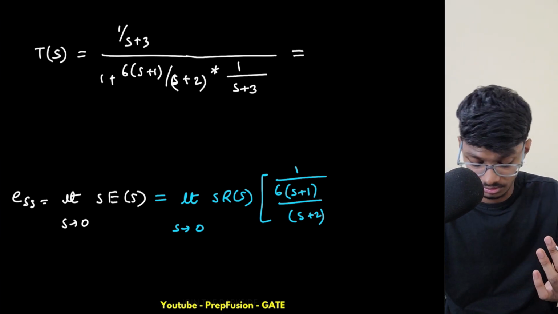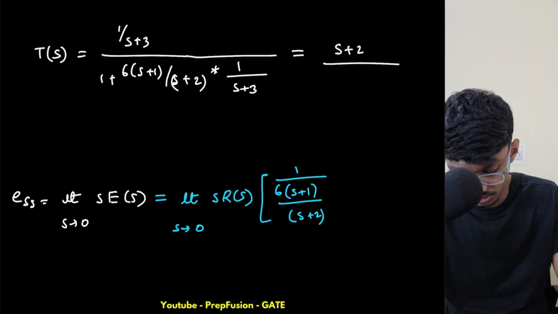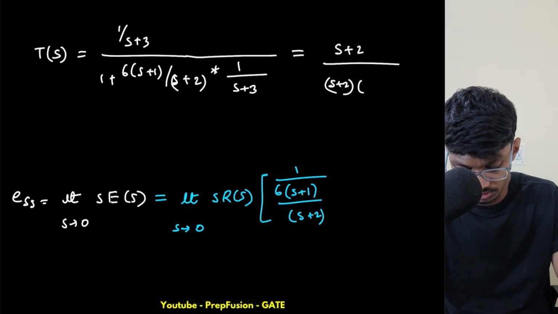So what will this become if I multiply s plus 3 into s plus 2? This will have s plus 2 here. This one will have s plus 2 into s plus 3 plus 6 into s plus 1.